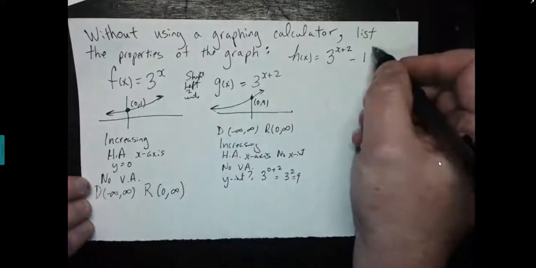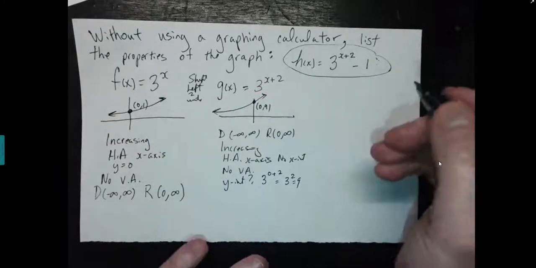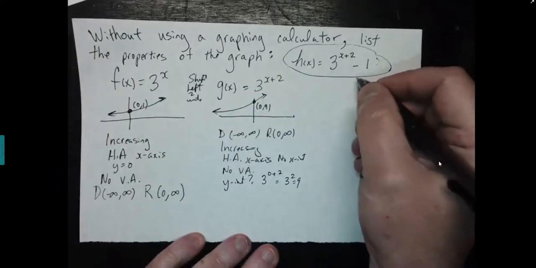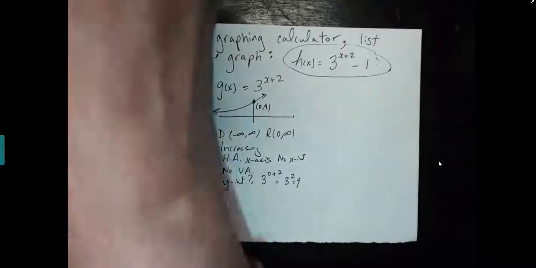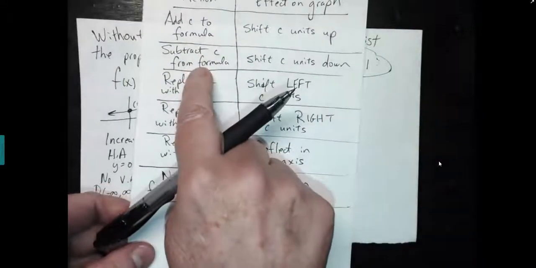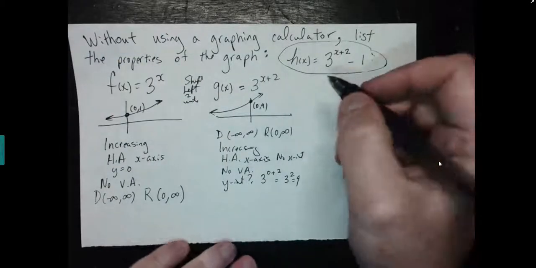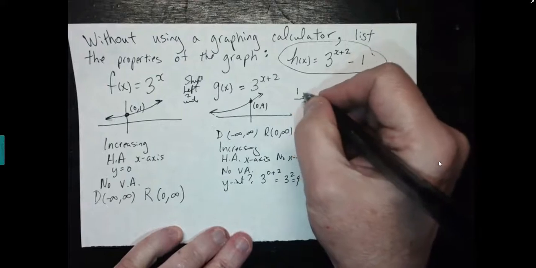Okay, and now how do I get that? Well, I take g and I subtract 1. For the graph of this one, what happens when you subtract 1 from the formula of a function? If you subtract 1 from the formula, that'll be shifting 1 unit down. So I'll take this and shift it 1 unit down.